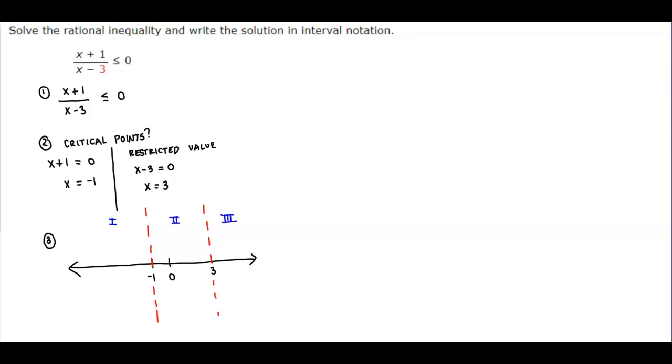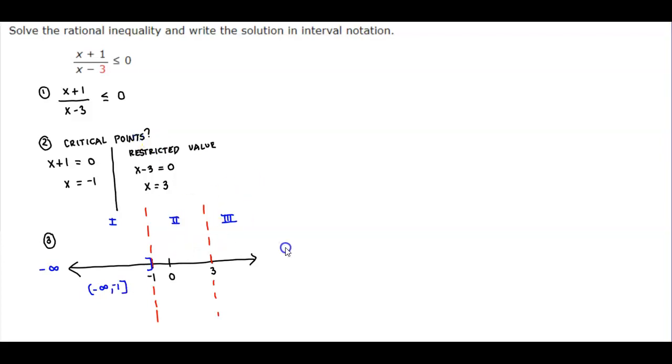In region 1, we're going to go from -infinity to -1. Now, -1 is not a restricted value, and it says less than or equal to. So therefore, we're going to have a bracket at -1. So this is -infinity to -1 with a bracket.